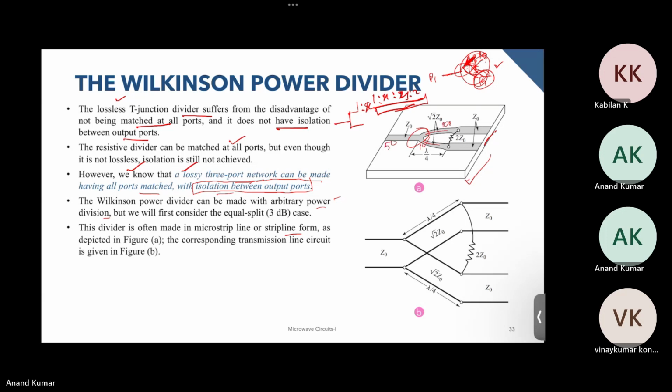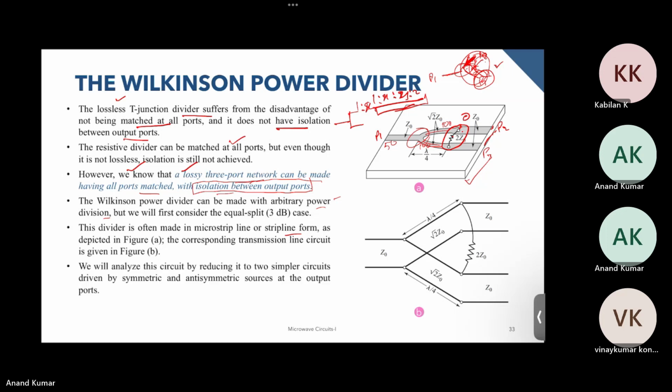This could be 100 ohm, and then we have a quarter wave transformer to match this to this Z0 over here. One thing that you notice is that we have added one resistor over here, and this helps us to isolate these two ports. If this is port 1, this is port 2, and this is port 3, this resistor is basically isolating port 2 and port 3.